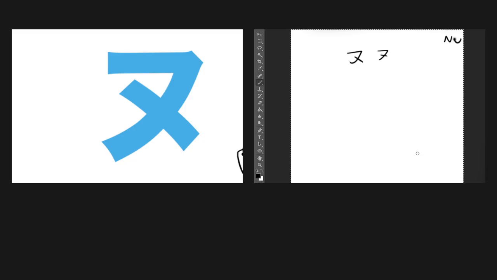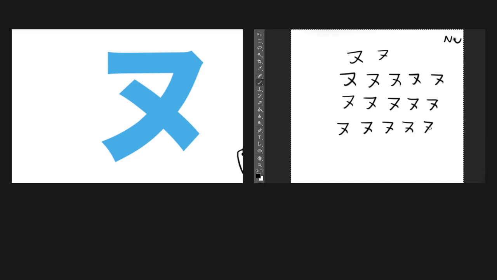I want to say it was this. Is that nu? I think that's nu. Anyway, I don't remember. This is nu in katakana, which is what we're practicing today. Not too hard. Easy to draw.